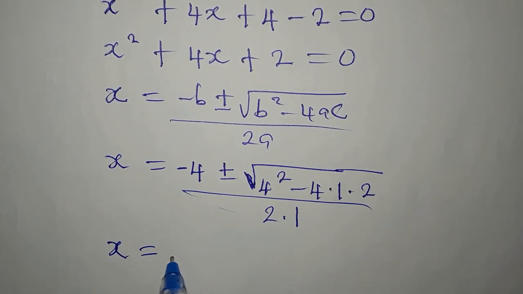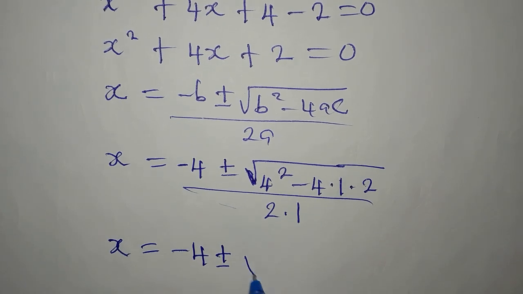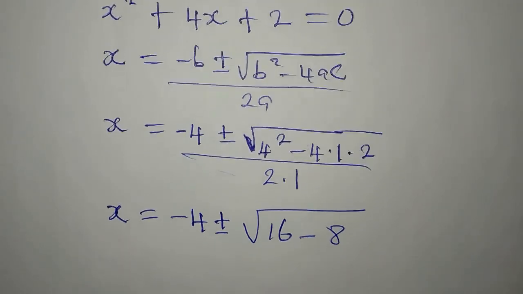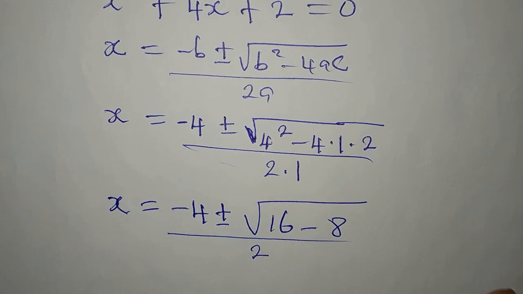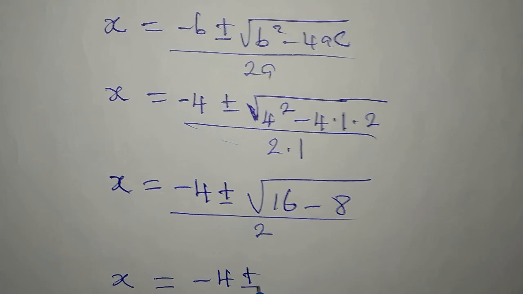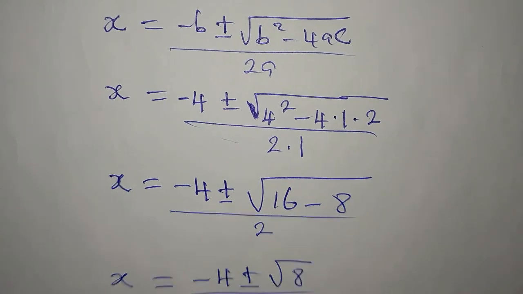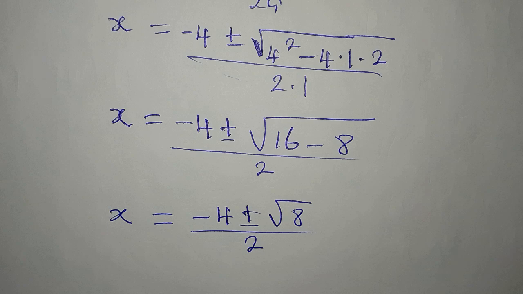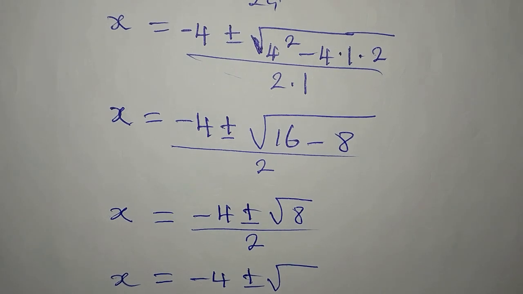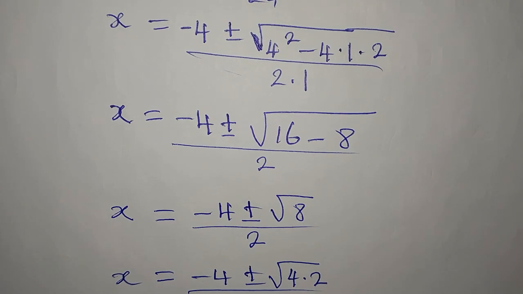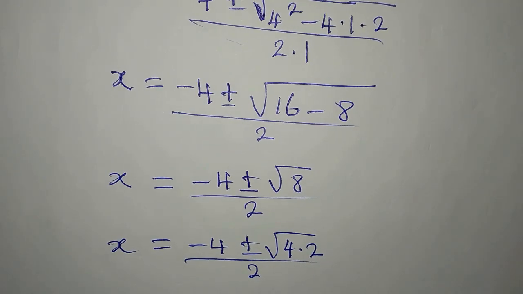Now, our x is equal to minus 4 plus or minus the square root of 16 minus 8, as we divide by 2. Now, our x is equal to minus 4 plus or minus the square root of 8, then we divide by 2. Mind you, we can break the square root of 8 down. x is equal to minus 4 plus or minus the square root of 4 times 2, then we divide everything by 2 as well.